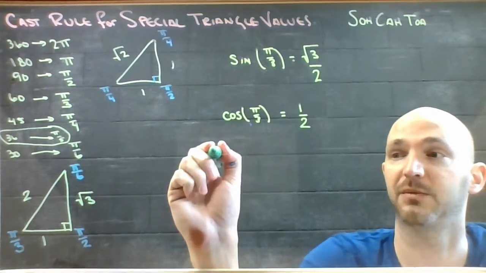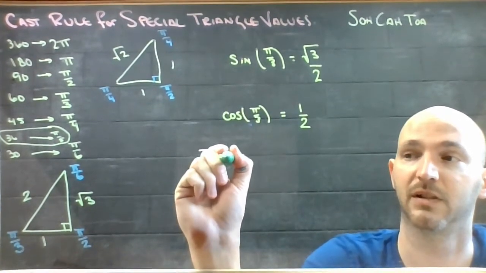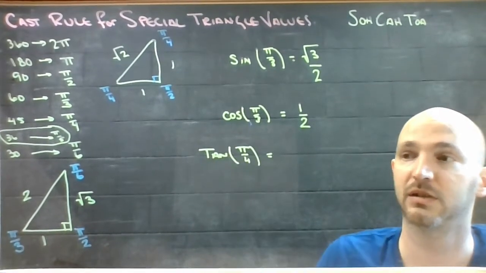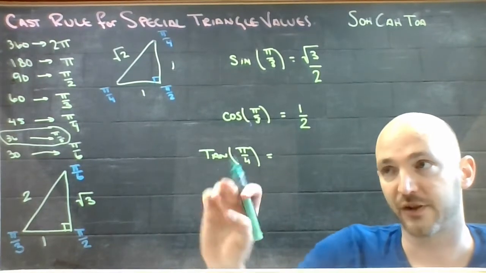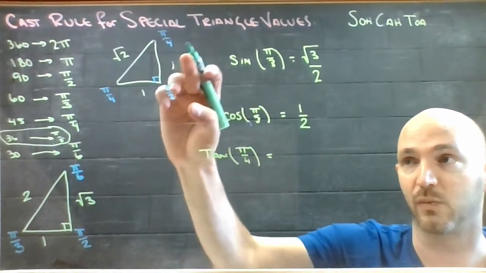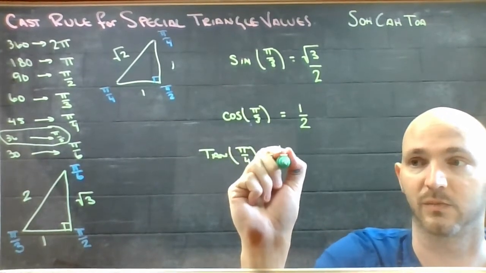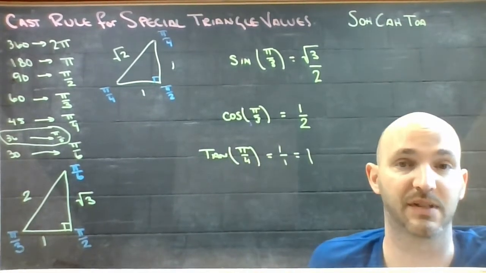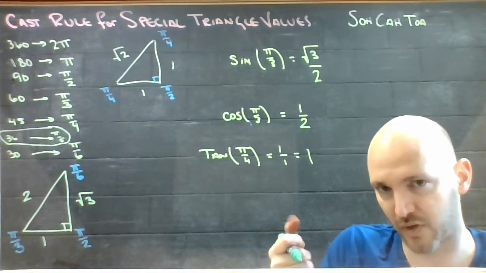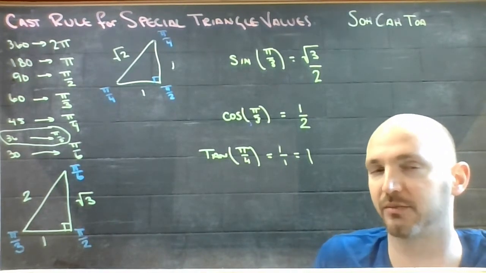Just to do a tan one, just so that we're thorough here, tan of pi over 4. Well, you find your pi over 4, and then tan is opposite over adjacent, so 1 over 1 would be 1. So you can check that one as well. Find your calculator, push the pi button, don't approximate it, actually hit pi on the machine.